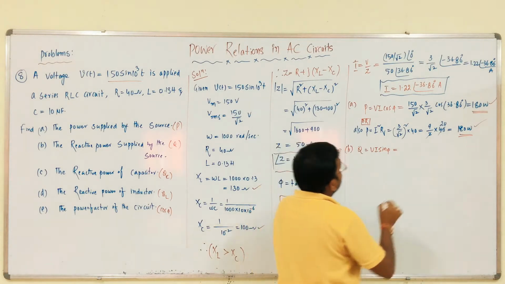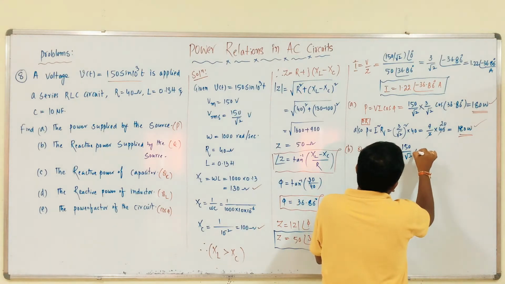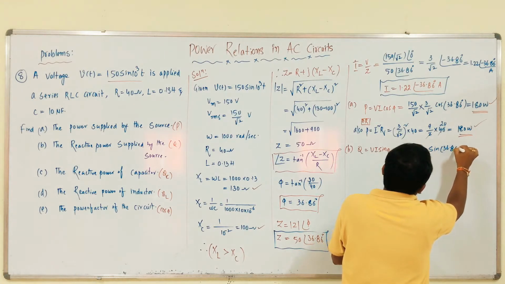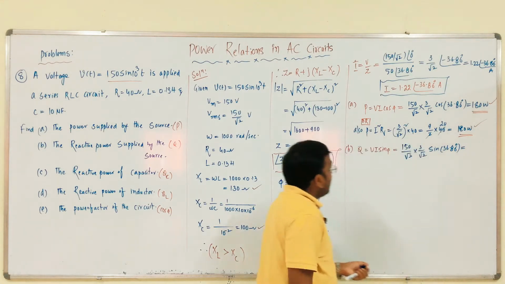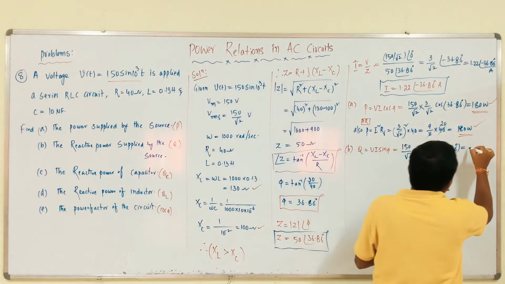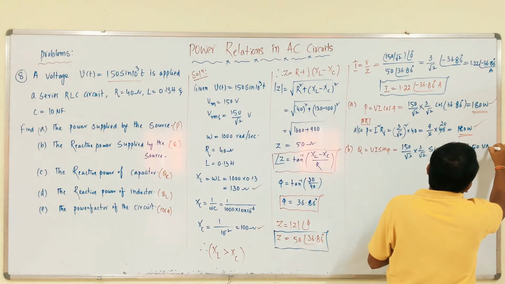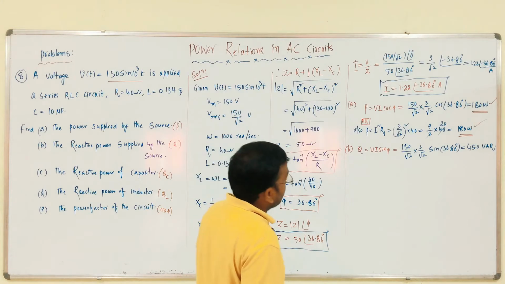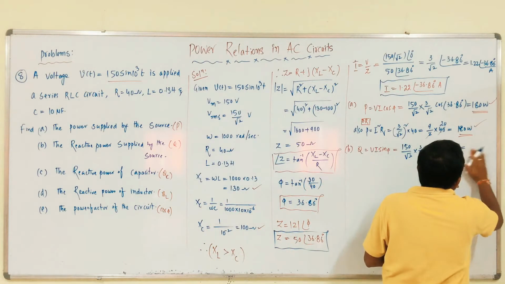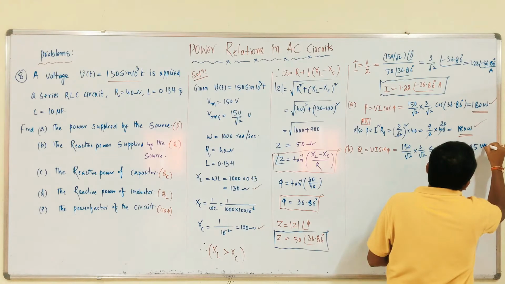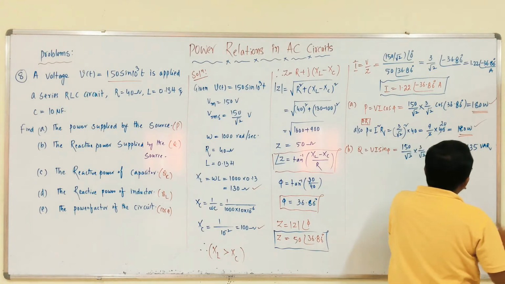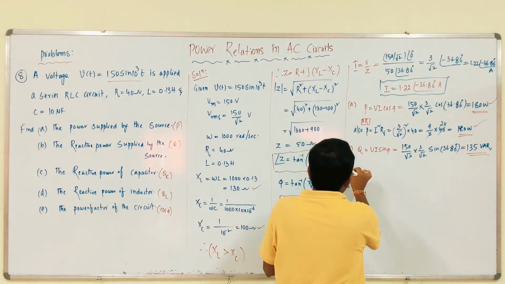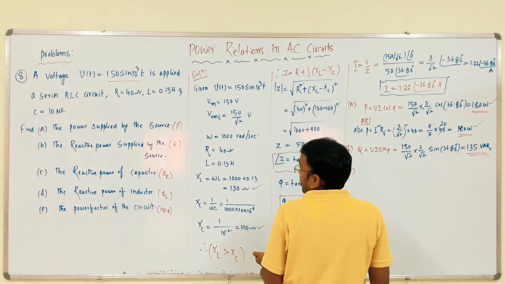What is the value of V? 150 by root 2, into 3 by root 2, sin 36.86, which equals, we can get 135 volt ampere reactive. Next, part C is the reactive power of the capacitor.